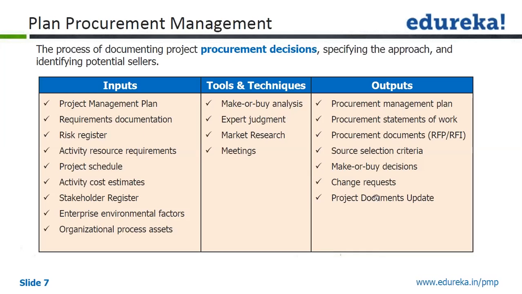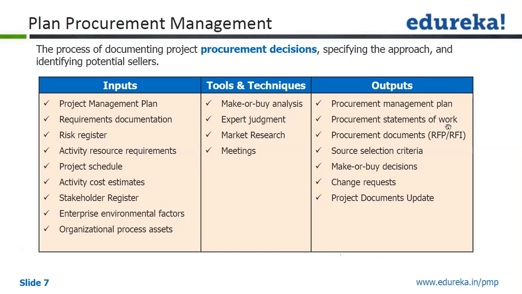As you can see, there are many inputs. The output is also many for plan procurement management, unlike a lot of other plan areas wherein you have one single output, for example the last few processes we have been seeing, right? So what is the output of plan procurement management apart from the procurement management plan? We'll see the components of this in a short while.